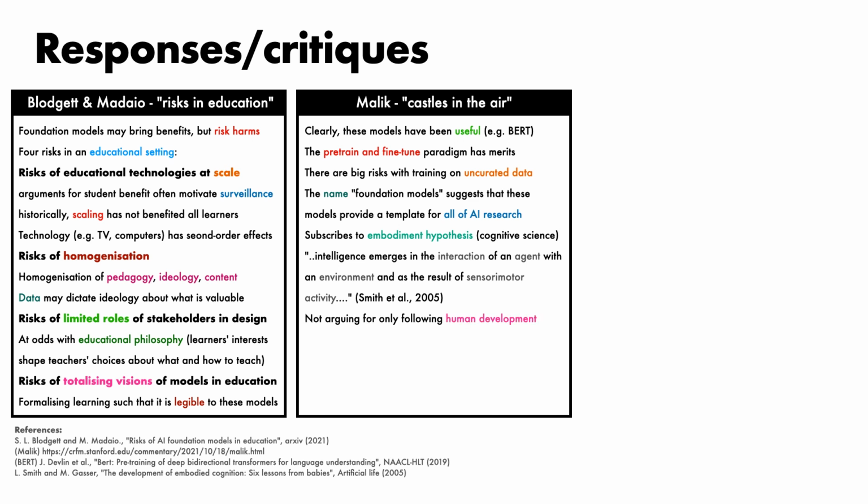Malik does not argue for slavishly following human baby development, but points out that concepts like interaction, grounding, acting in a physical world, etc., are important components of AI. Foundation models developed to date lack any form of sensory-motor grounding, and as such, Malik suggests that they are better thought of as castles in the air. They are useful castles, but they float in air without this grounding.